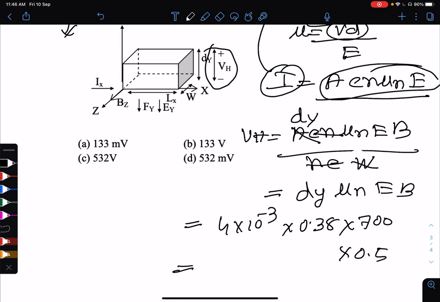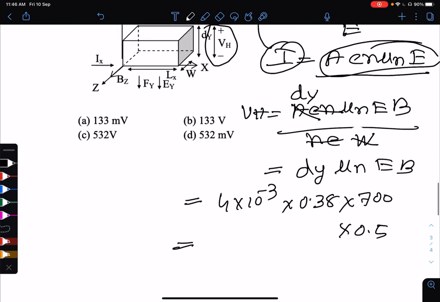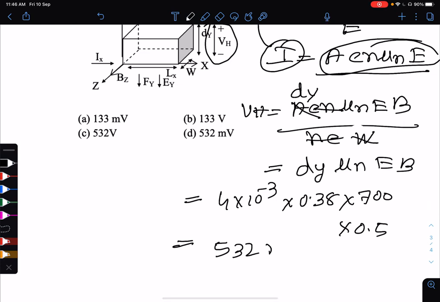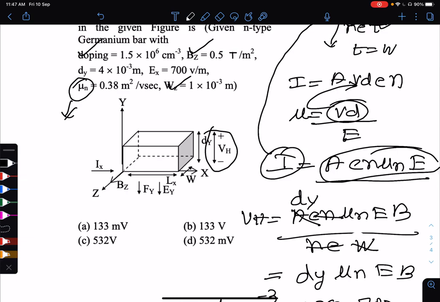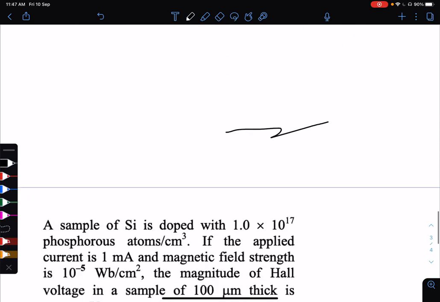As you calculate, you can see that it will be 532 millivolt. You can check 0.38 into 7 into 0.5. It will be 532 millivolt. You can work out that. So I hope you understood. So the answer for this question is 532 millivolt, the Hall voltage.